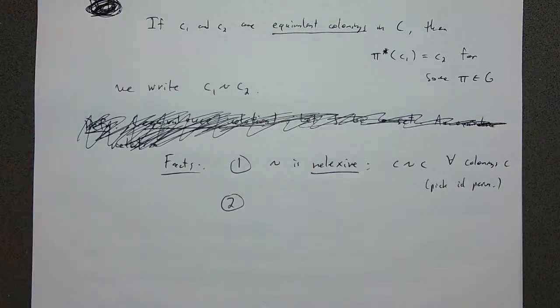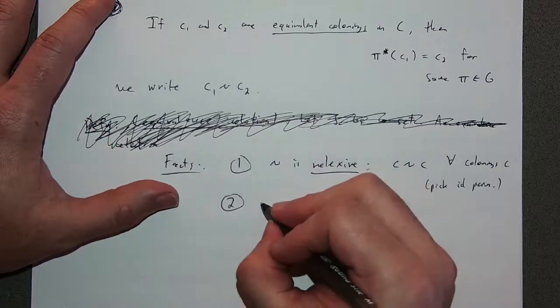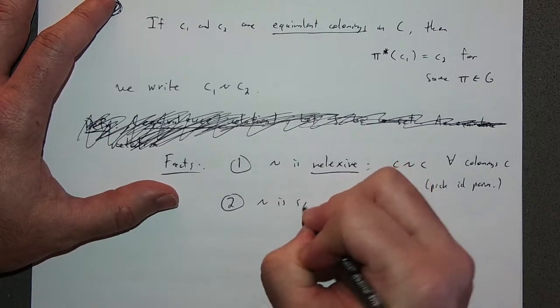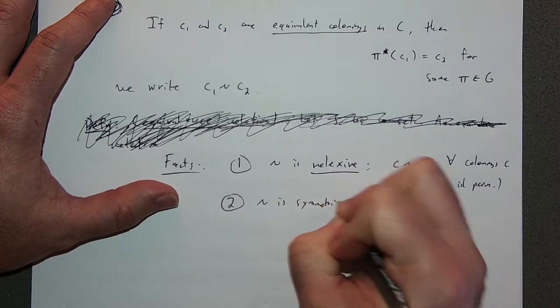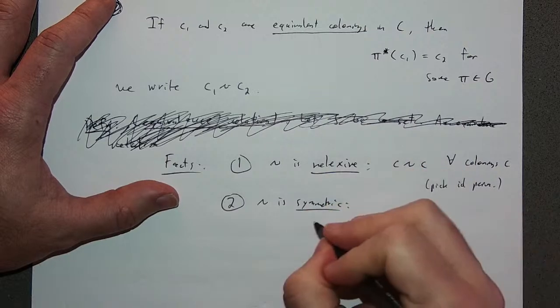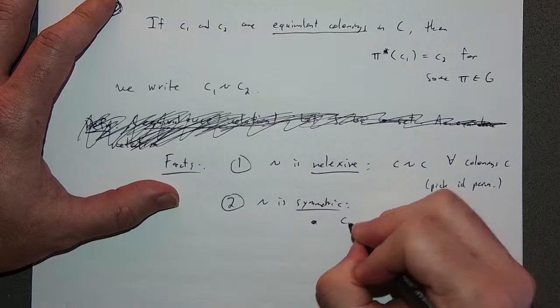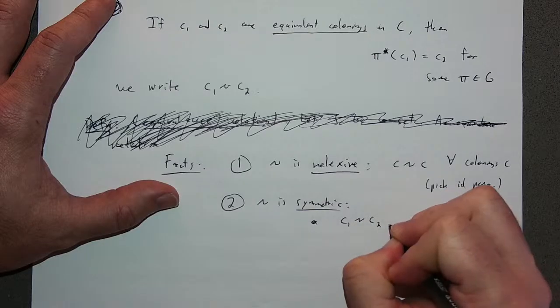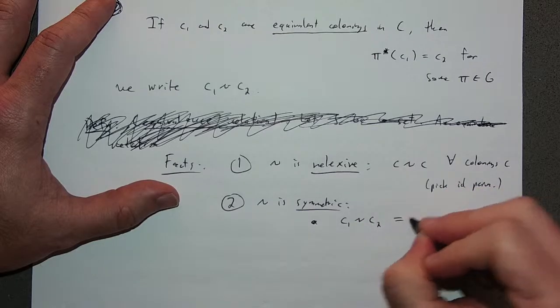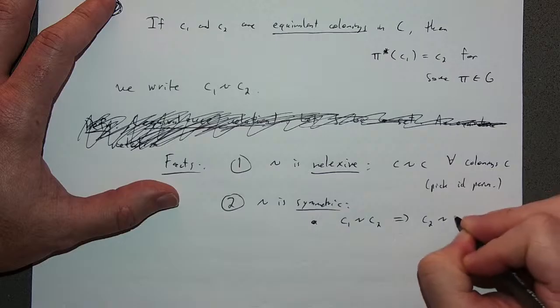Two, this is symmetric. So if C1 is equivalent to C2, then C2 is equivalent to C1.